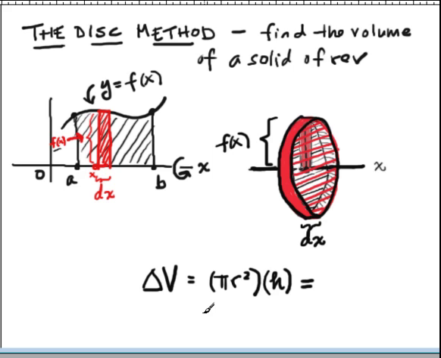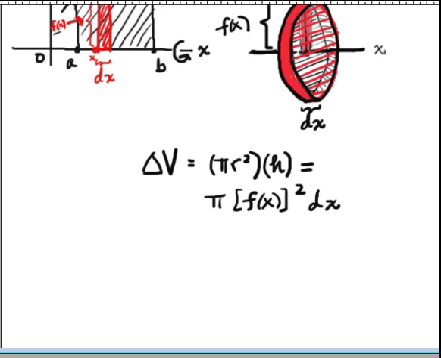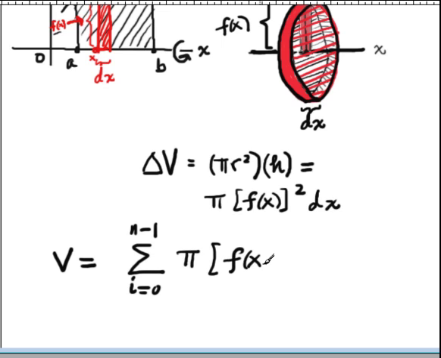Then we have pi f of x squared dx. So now the volume is gotten by summing up these slices. We'll write it like this. The volume is the sum from i equals 0 to n minus 1 of pi f of x sub i squared dx.